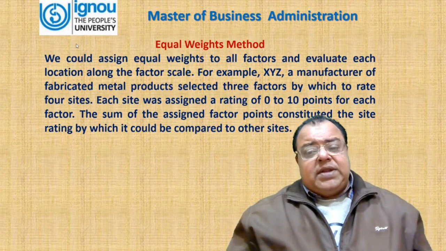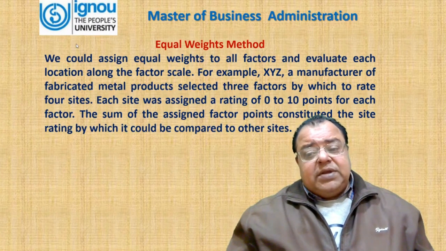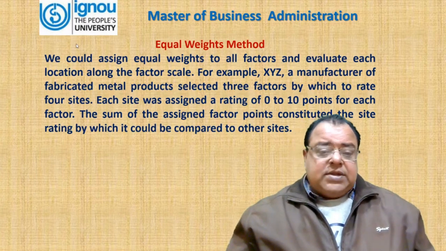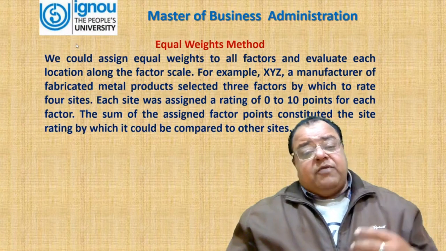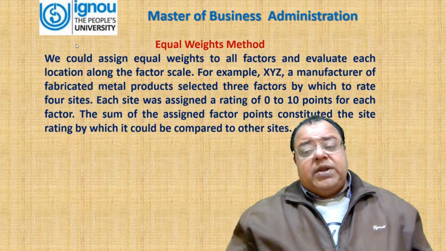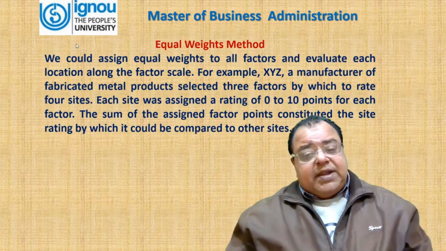For example, XYZ, a manufacturer of fabricated metal products, selected three factors by which to rate four sites. Each site was assigned a rating of 0 to 10 points for each factor. The sum of the assigned factor points constituted the site rating by which it could be compared to other sites.